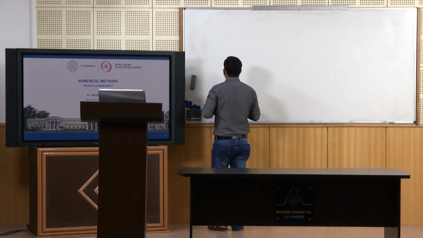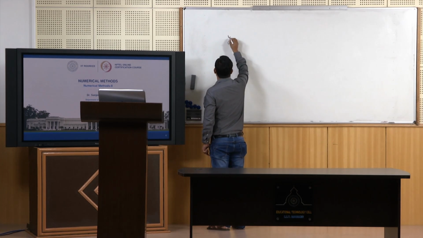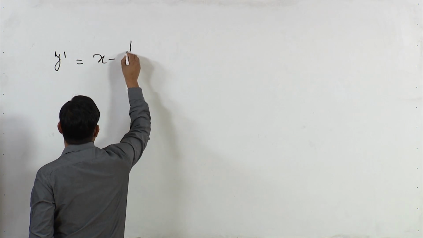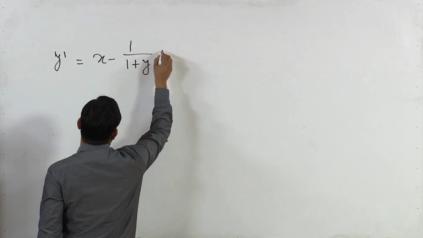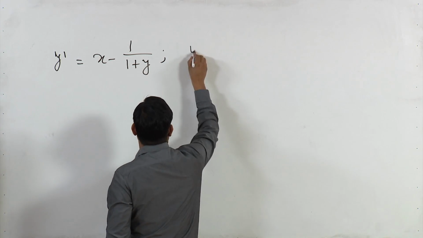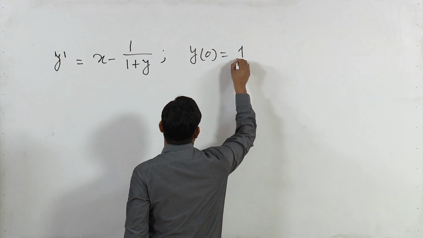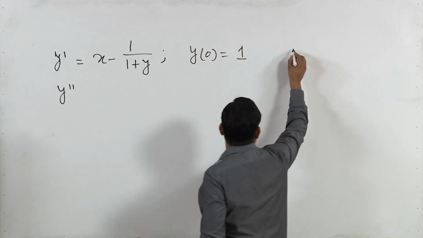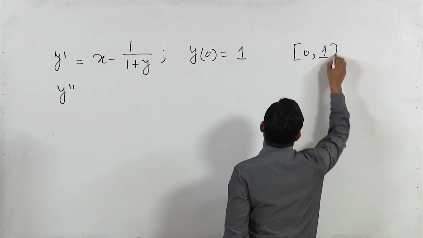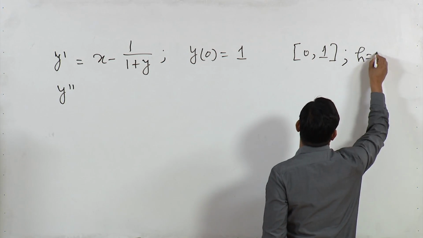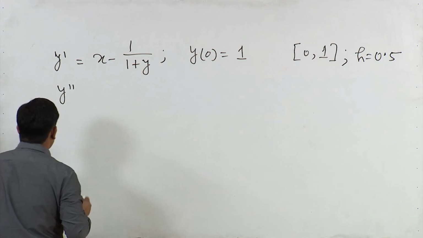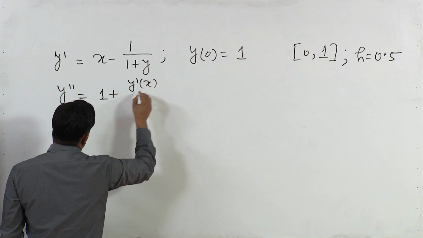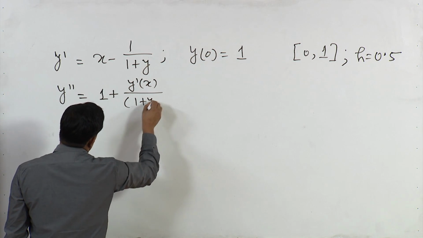I need to solve the differential equation y prime equals x minus 1 over 1 plus y, with y at x equals 0 given as 1. I want to solve this on the interval 0 to 1 with h equals 0.5. So, now y double prime is 1 plus y prime x over 1 plus y whole square.